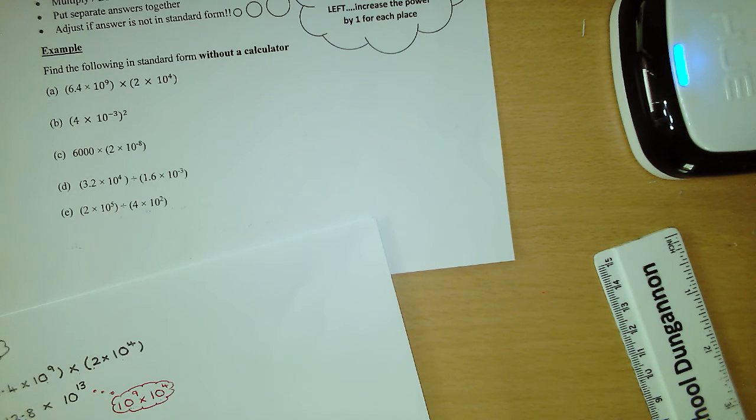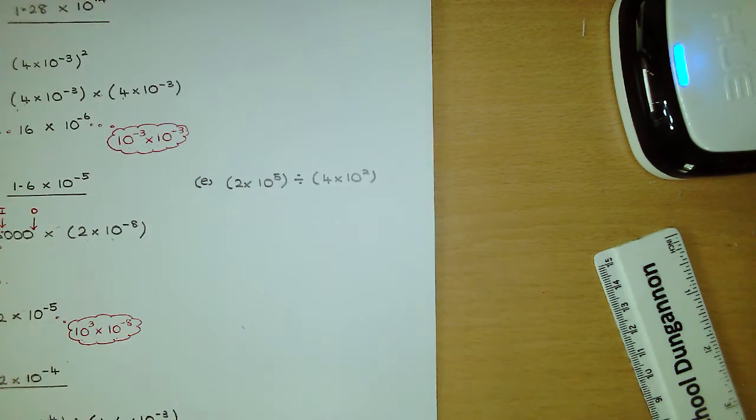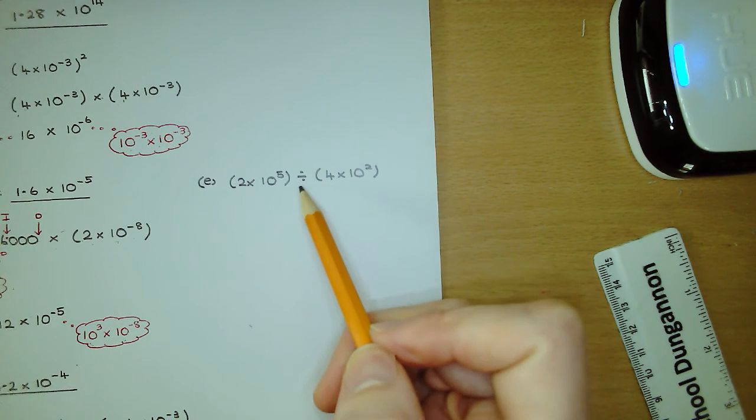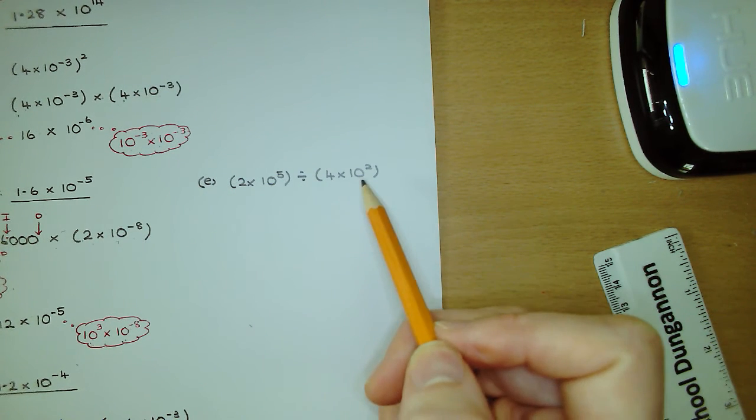Okay, part E. 2 multiplied by 10 to the power 5 divided by 4 times 10 to the power 2.